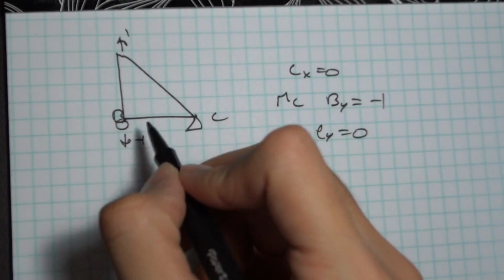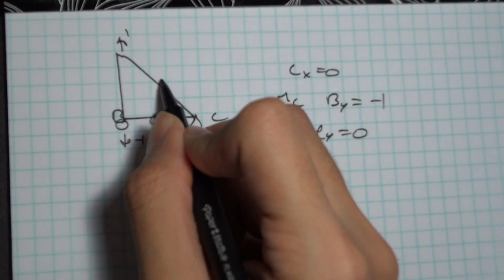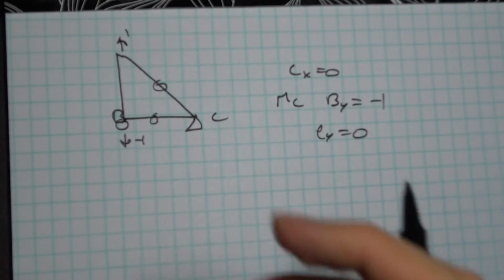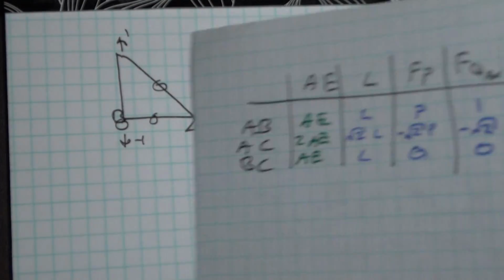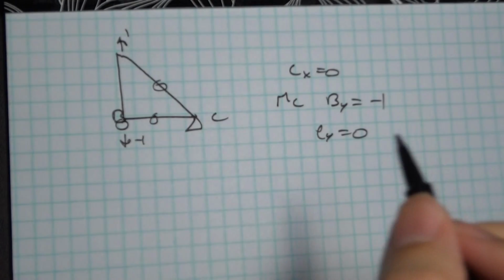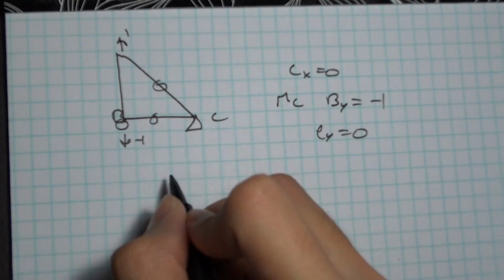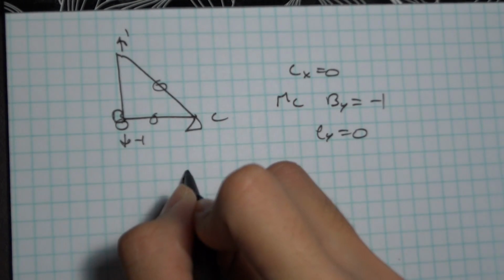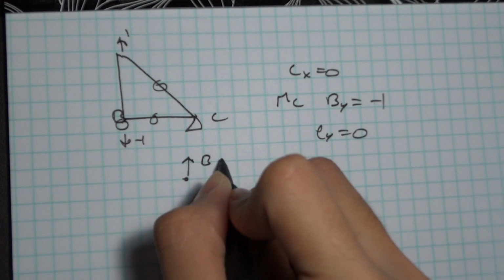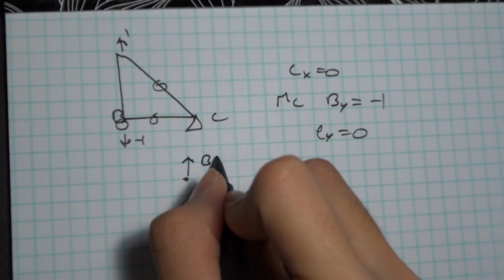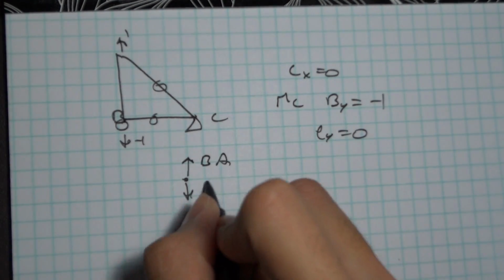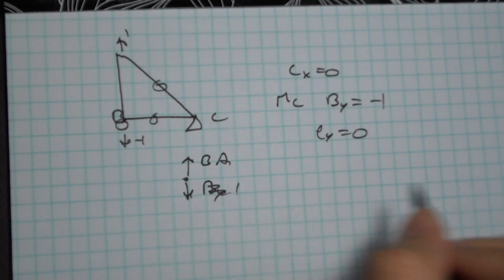So right away, I can say that this is going to be a zero force member, and this is going to be a zero force member. So I can just plug this back into my chart, because the only force that I have that is relevant is at B. BY, sorry, this is 1.